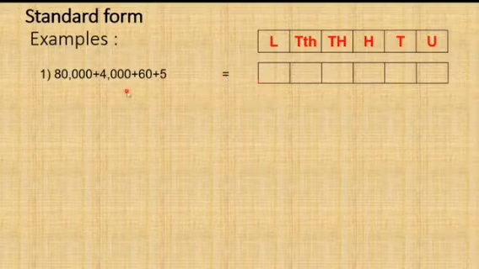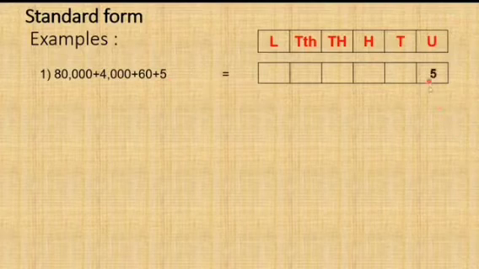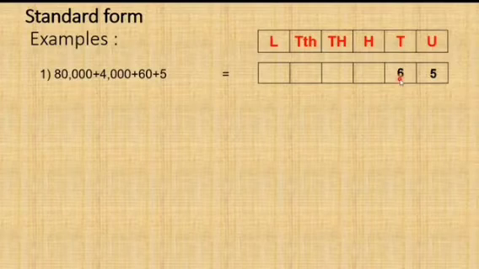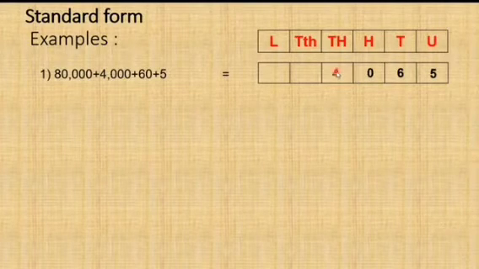So we start filling it from the right hand side. So we start with 5. 5 goes to units place. Then it is 60. 60 has to come to tens place. Then I don't have anything in hundreds place, so I fill it with 0. Then thousands I have 4. Then 10,000s I have 8.